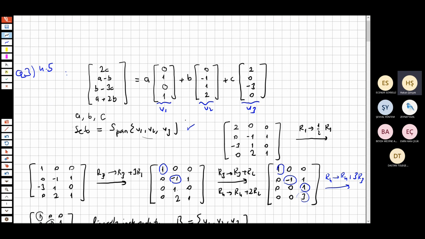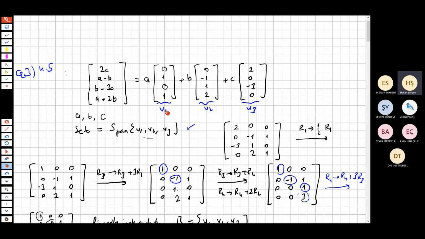Because when you start the row operation, generally we want to obtain a non-zero number for the first entry, right? Here, for the first entry, we can take the third column. Just change the columns. You can do this. This is not the only way. There are a few ways.